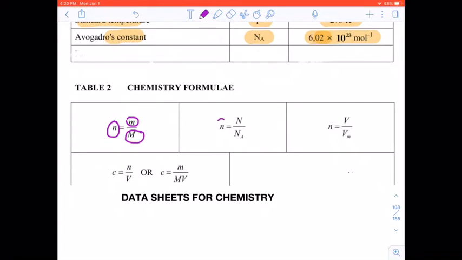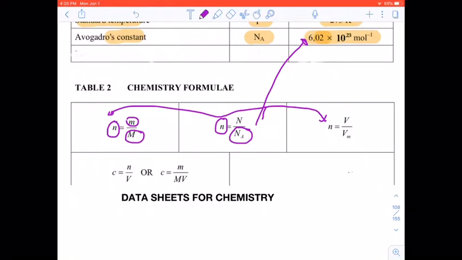Here again we've got n. It's the same n as there, right? It stands for moles. So this capital N here stands for the number of elementary particles, and Na is known as Avogadro's constant, which is equal to that value there.